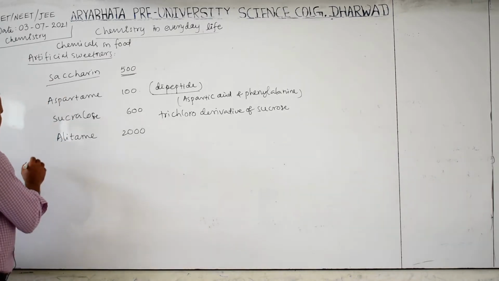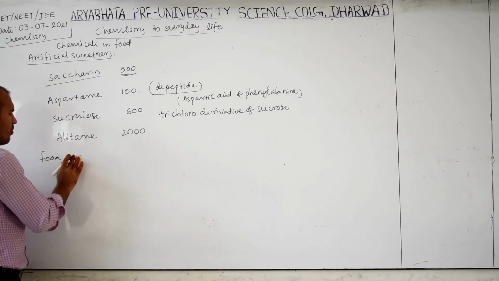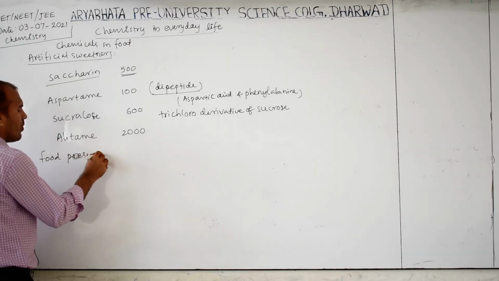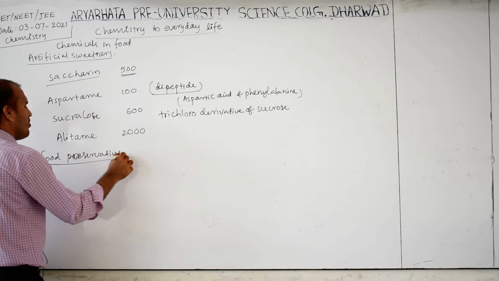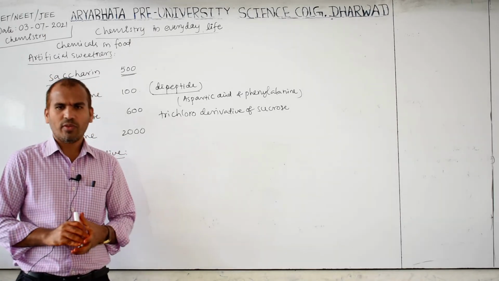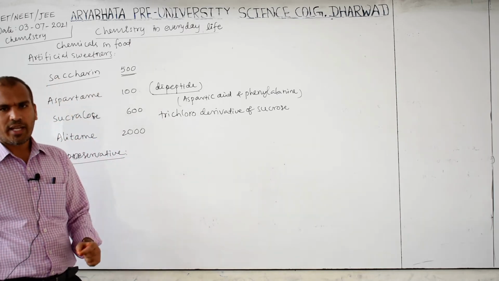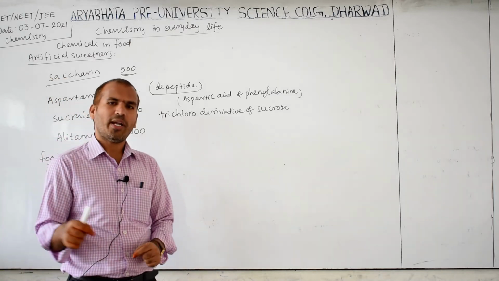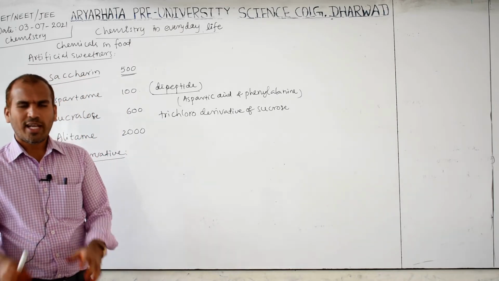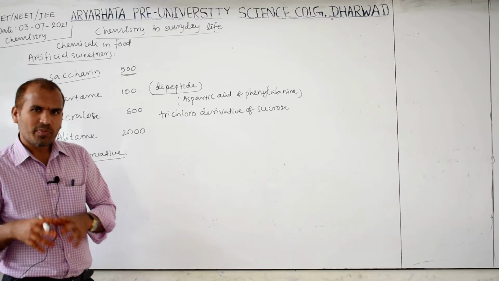Okay. Next, food preservatives. If you are preparing pickle at home, then what are you adding? More oil and more salt. Those have a salty taste and can be preserved for a long time.